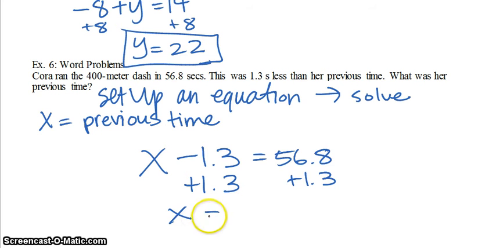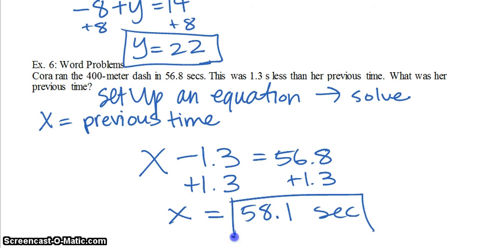So we now get x equals, and that's going to be 58.1 seconds was her previous time. And we can double check that by saying, we know that 56.8 is 1.3 less. So we would say 58.1 minus 1.3 equals 56.8. So there we have it. So make sure you set up an equation. All right.